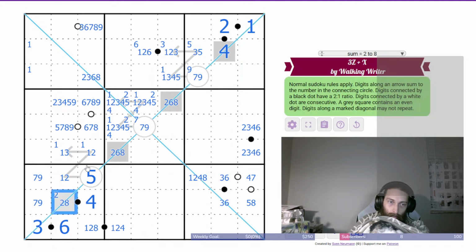So that becomes a 2. 1s and 3. 8, 4 would place a 4 here. 1 would make that 1.